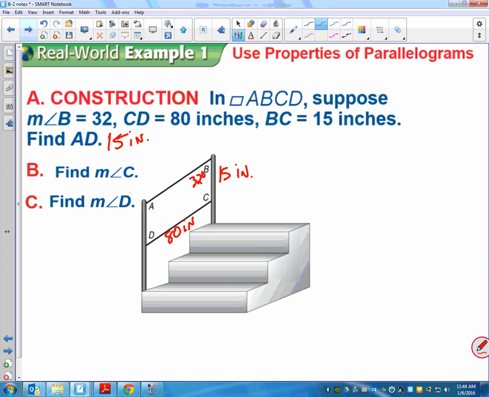Taylor, what did you get for angle C? So what would you do to find angle C?